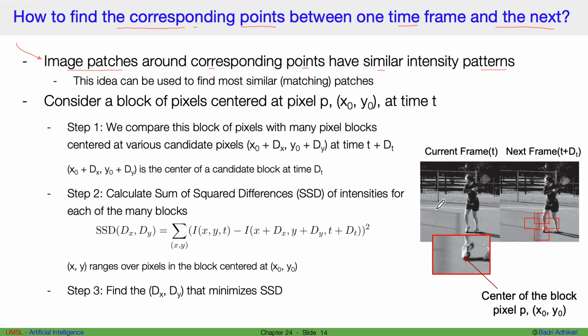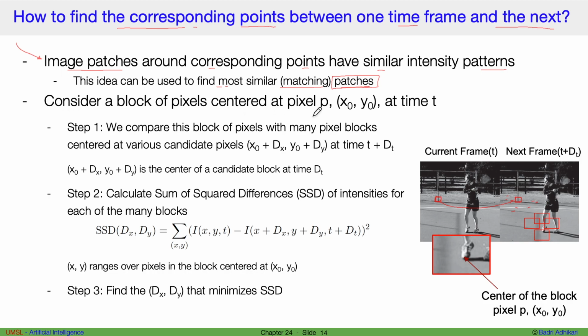What this basically means is, if I look at this block of pixels in this image, then no matter how much this picture has moved left or right, there will be a block of pixels in the next image that exactly matches, or is very similar to, this block of pixels in the original input image. So this idea can be used to find the most similar or matching patches, or these blocks of pixels. Let's start by taking an example.